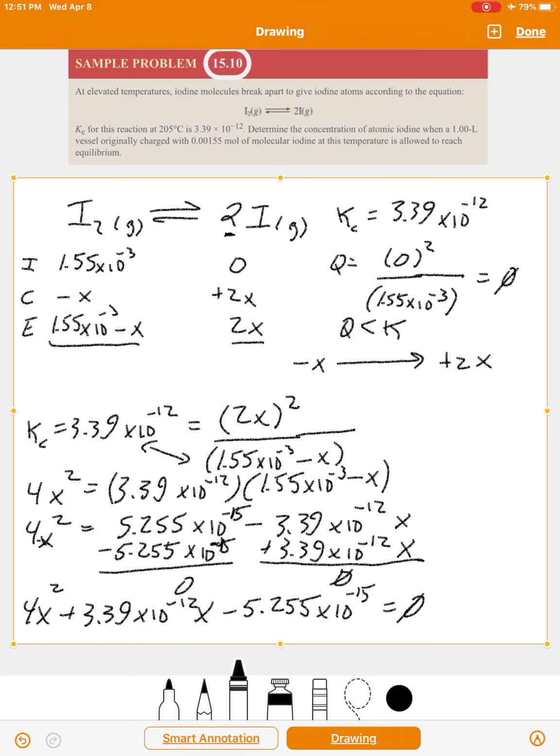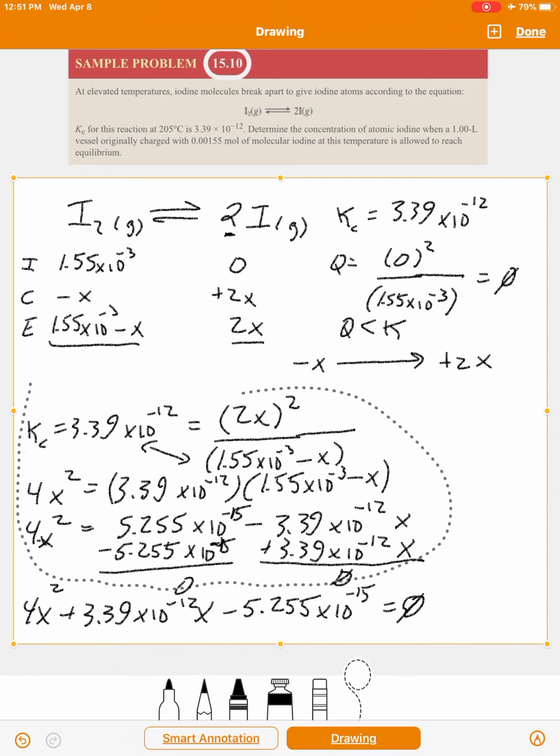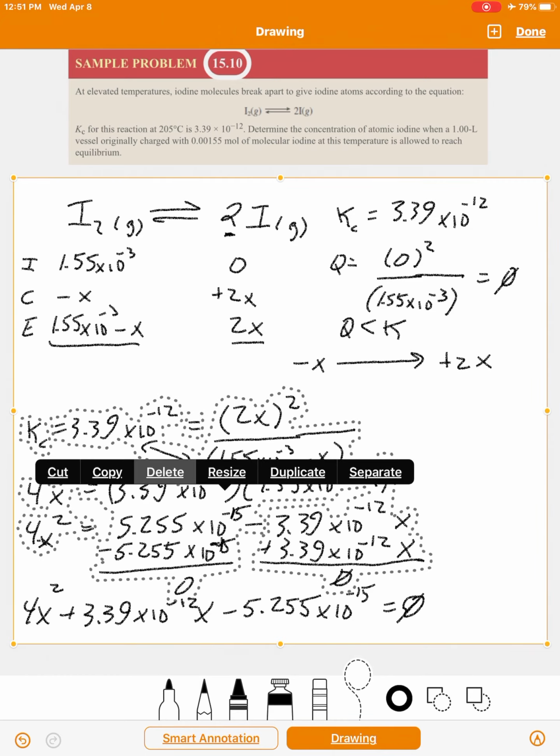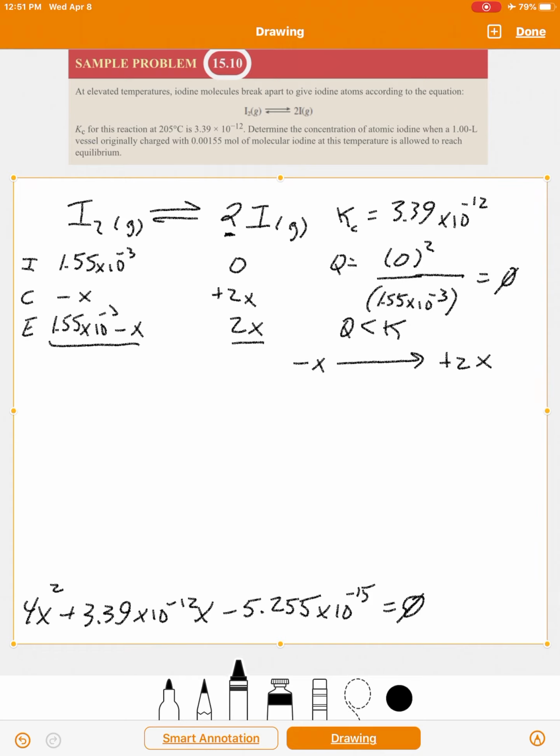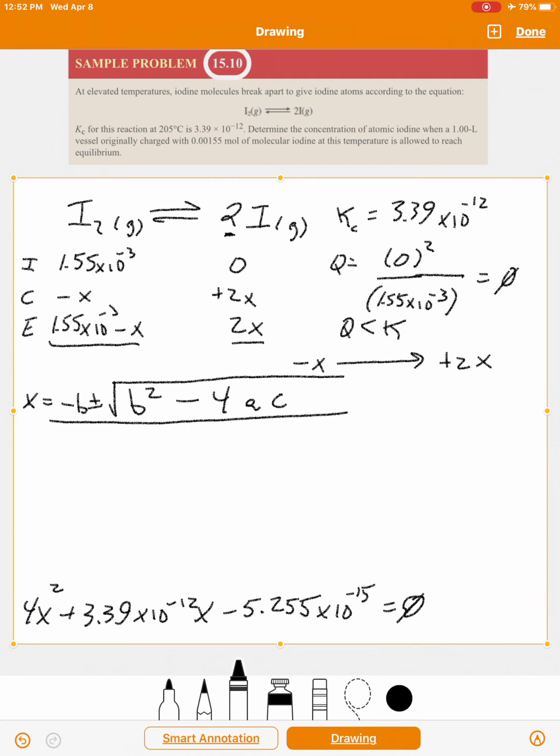Okay? So again, as we do these sorts of problems, I'm going to have to get rid of a lot of stuff here, all this work that we're doing. Okay. So we now have it set up as a quadratic equation. So again, quadratic formula: x equals minus b plus or minus the square root of b squared minus 4ac, all over 2a.